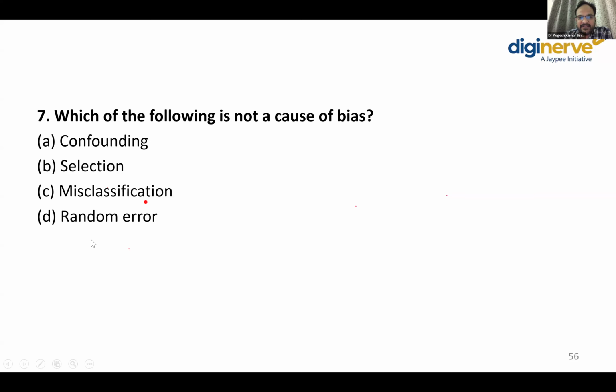Your answer is correct, D is the correct answer. This question is a confusing one, so keep in mind that there are two types of error: random error is the sampling error, and systematic error is called the bias.